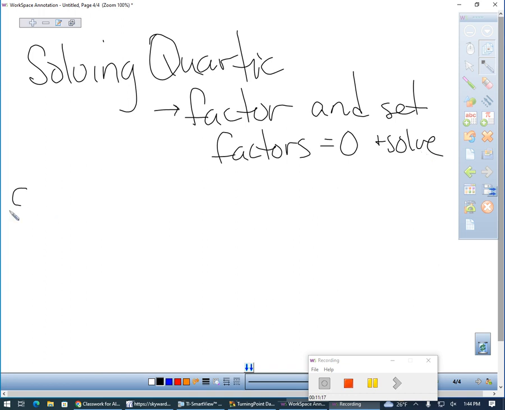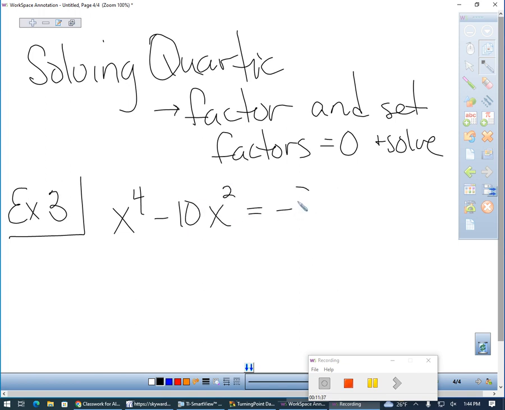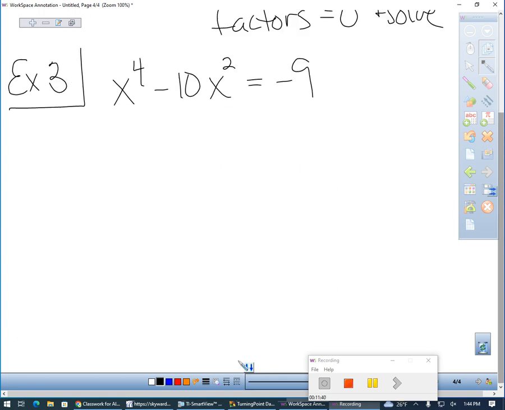So example number 3, let's say I have x to the 4th minus 10x squared equals negative 9. First of all, what do we always have to do to our equation?